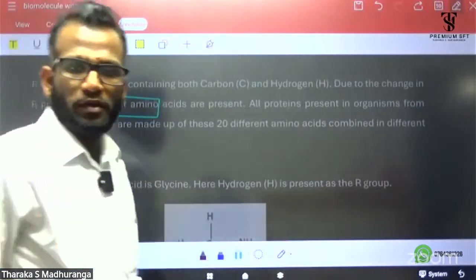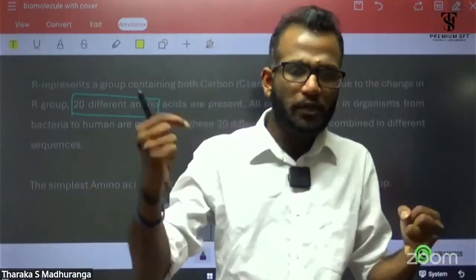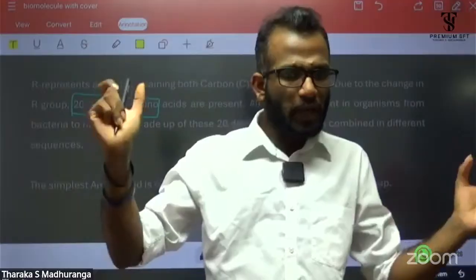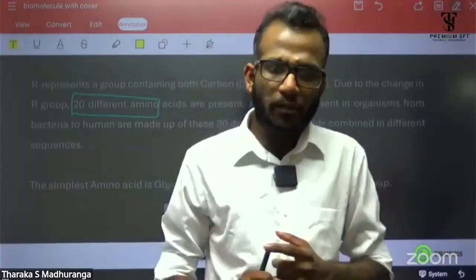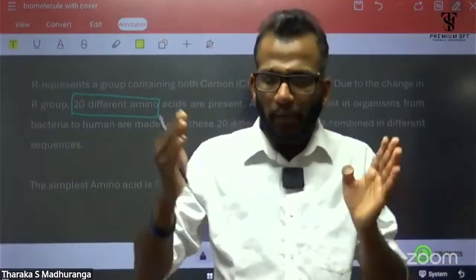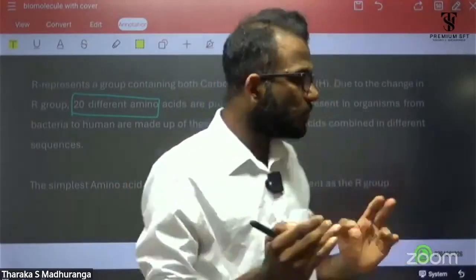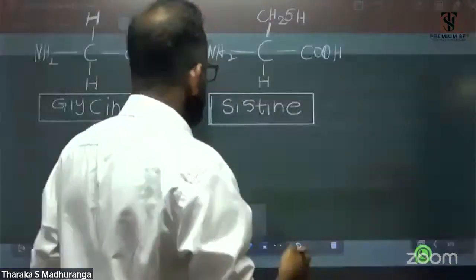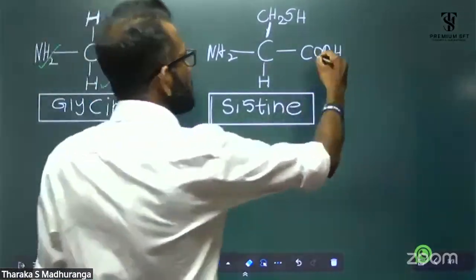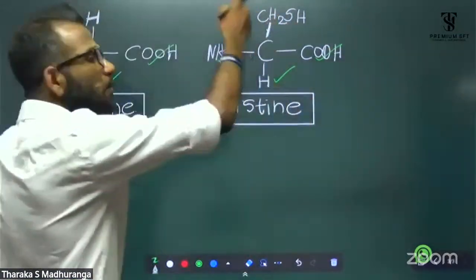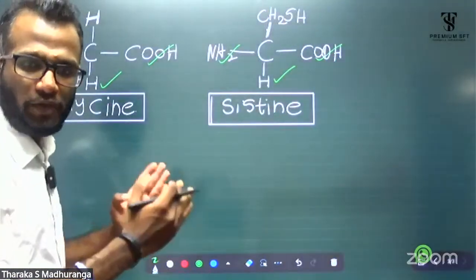The common structure of an amino acid is the alpha carbon, carboxylic group, amine group, and hydrogen, plus the R carbon chain. The carboxylic group, amine group, and hydrogen are the same in every amino acid. They are common, but the R carbon chain varies from amino acid to amino acid.